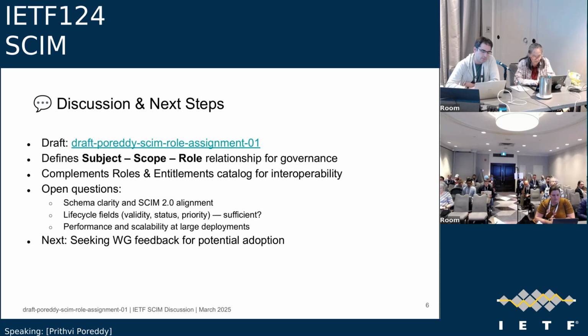Are the lifecycle fields like validity, status, priority sufficient for real-time governance use cases, or do we need more? For larger deployments, is the proposed filtering and pagination approach performant and scalable enough? I'll incorporate feedback from this discussion in the next version.